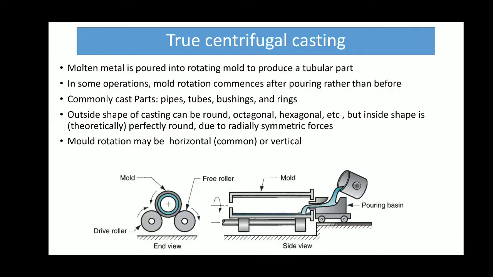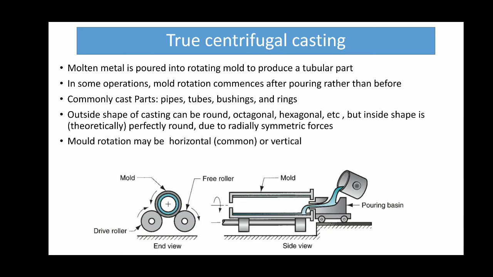Coming to true centrifugal casting, which we have discussed once. Just like in any casting process, we have a mold, with provision to rotate that mold at a high speed.